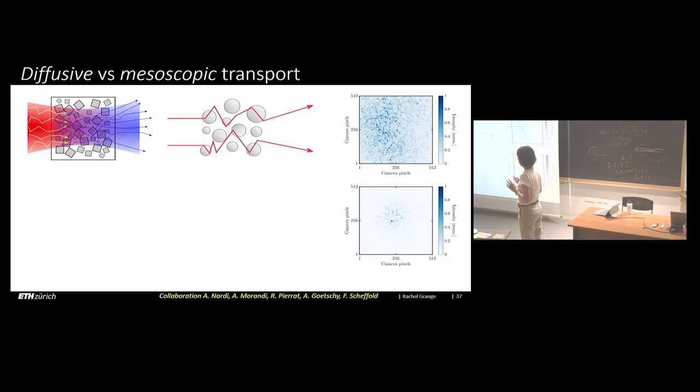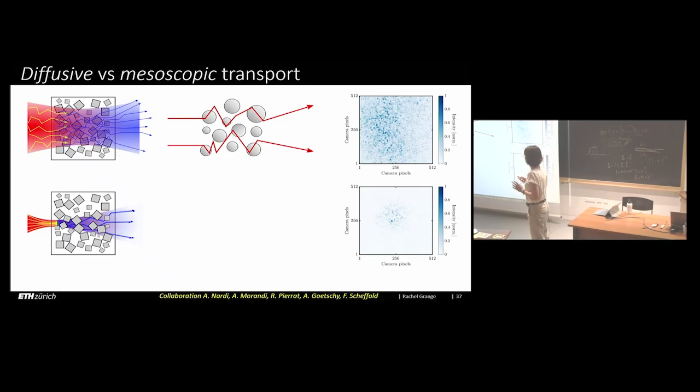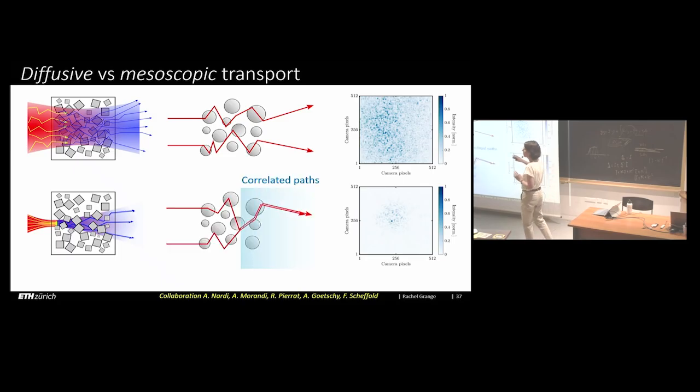Out of focus, we will have the diffusive regime, and in focus, we can have some kind of correlated path in our system, typically for the second harmonic light, for the lower wavelength, because it's coming close to the limit of the diffusive regime. And that's exactly what we see with the speckle pattern that has this very intense point here. So, mesoscopic correlation, resulting in these strong intensity fluctuations.